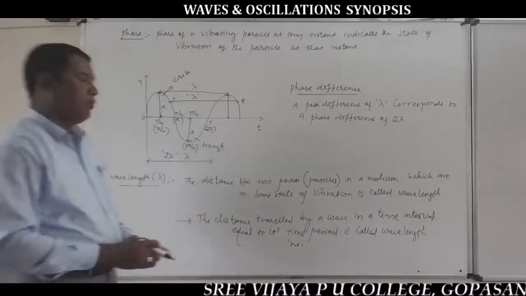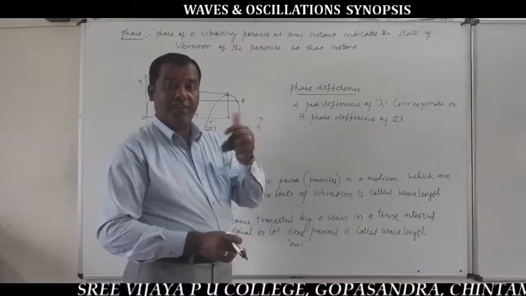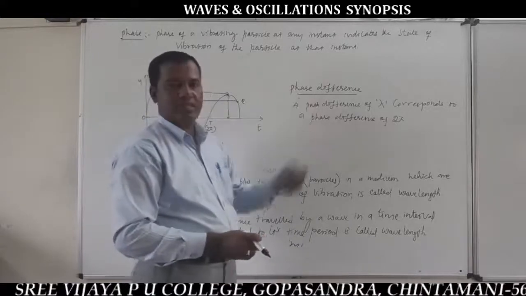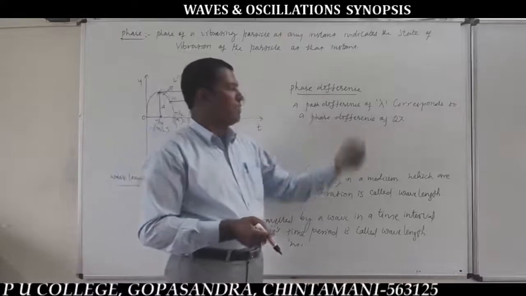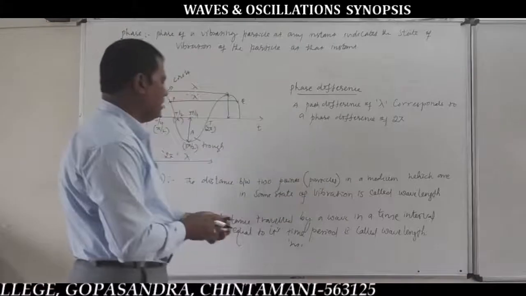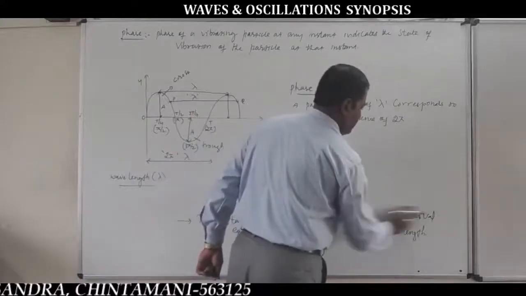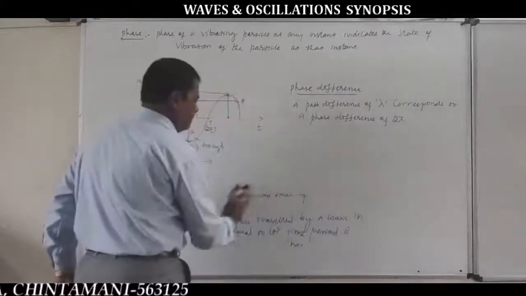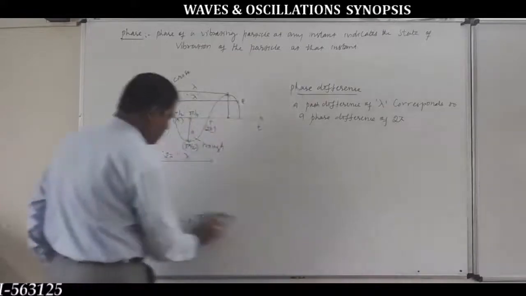So if two particles are in different states of vibration, they are in different phase. As a result, there exists a phase difference between those two particles, and a path difference of lambda corresponds to a phase difference of 2 pi. So it's a very important concept.